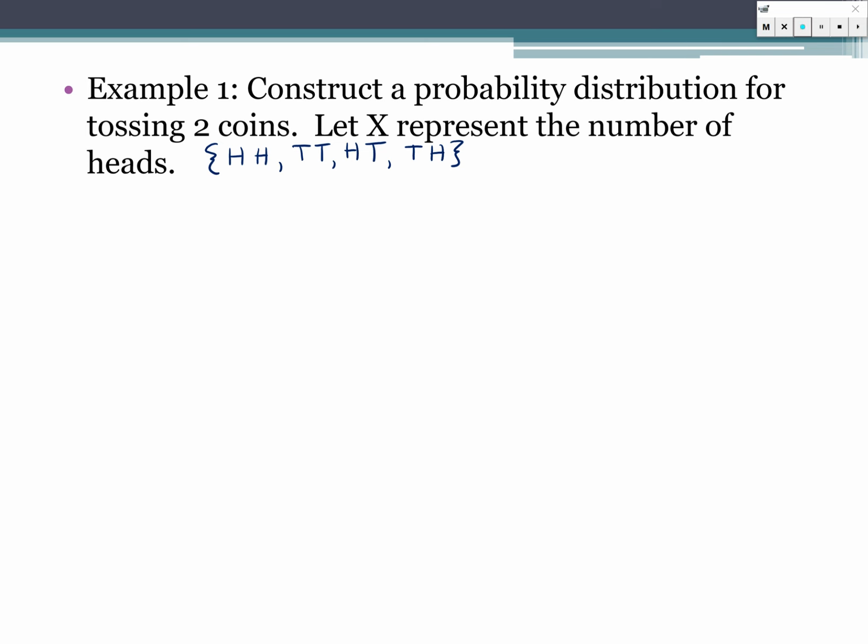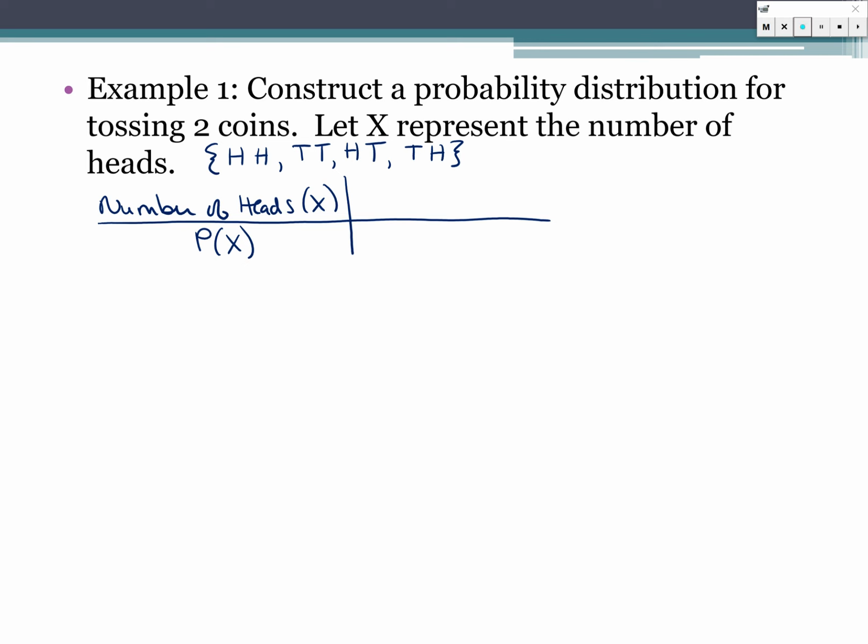So the event we're looking at is the number of heads. That's going to be our X. And then we have the probability of X. If you want to rewrite that as the probability of the number of heads, that's okay as well.